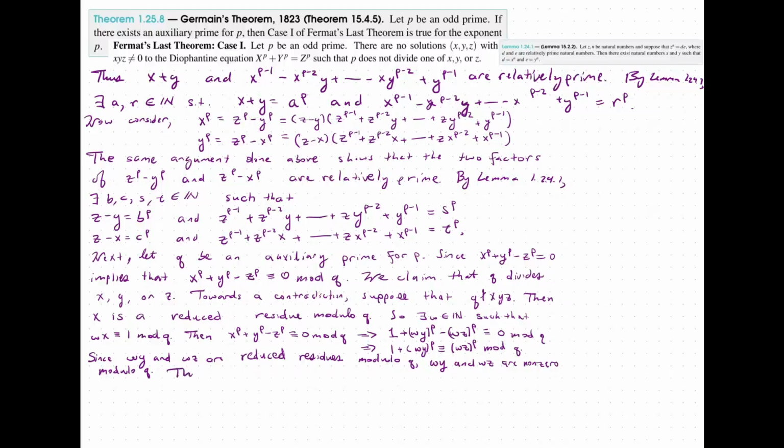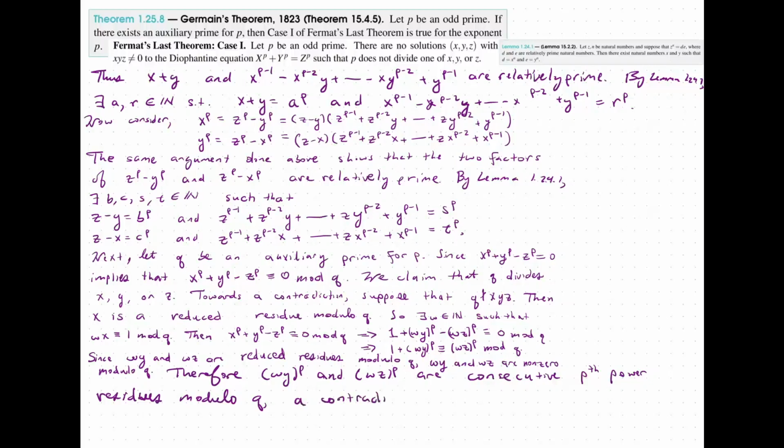So therefore, we have that wy to the p and wz to the p are consecutive p-power residues modulo q. A contradiction, since q is an auxiliary prime for p.